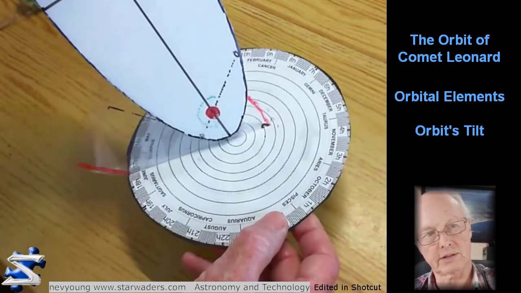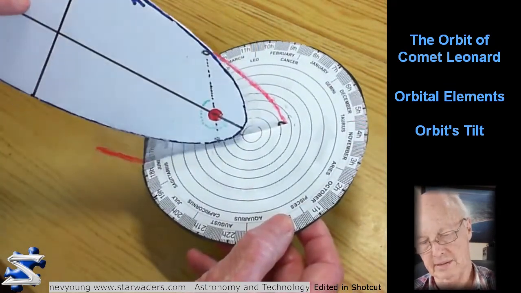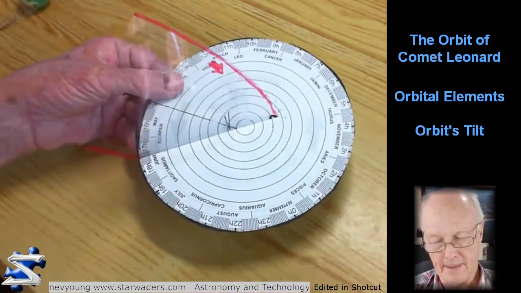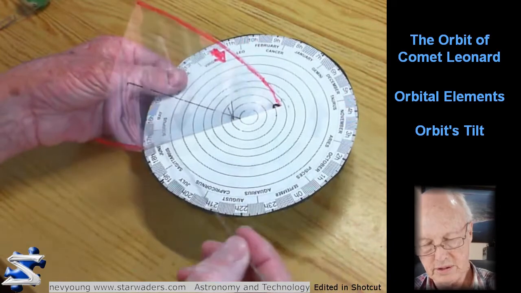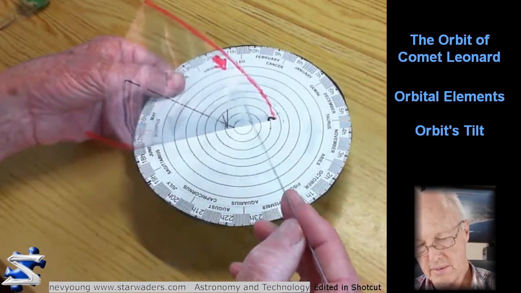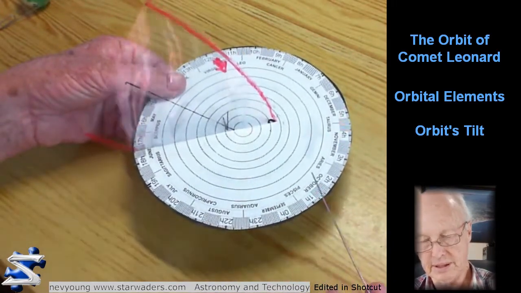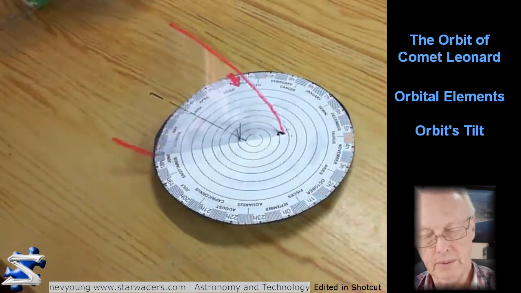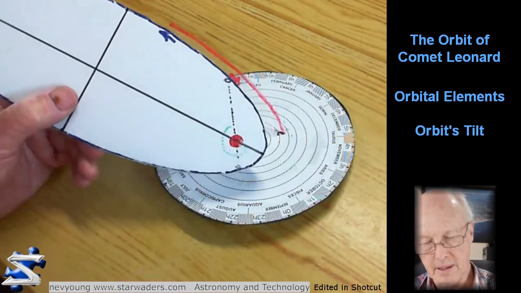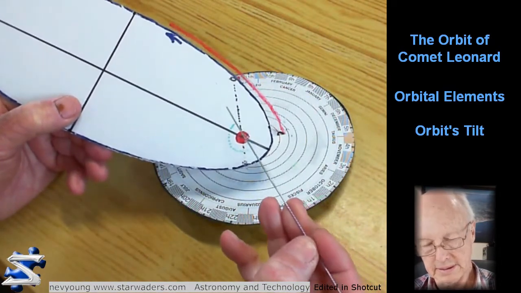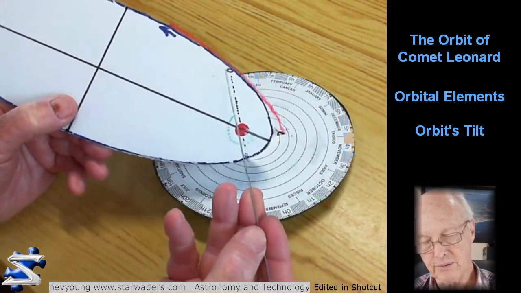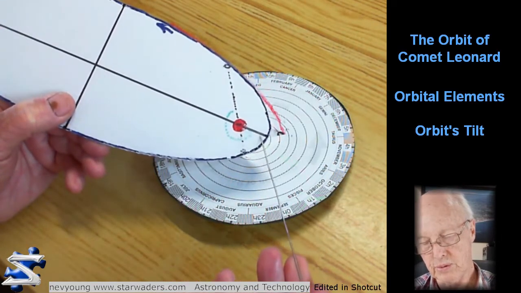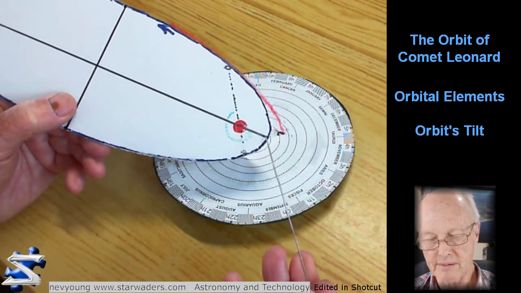So then the next thing we want to know is how much does this orbit tilt? So right, it's not coming in like this, it's coming in at this angle. It does have this tilt. And that means that the line between the two nodes does not run at right angles to the major axis. So how much does it tilt? Well, if we go back to this little model over here, the tilt is specified by the angle from the ascending node all the way around to the major axis where the perihelion is.